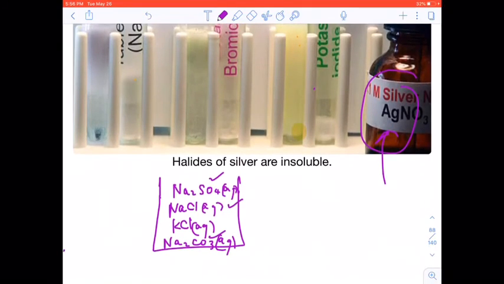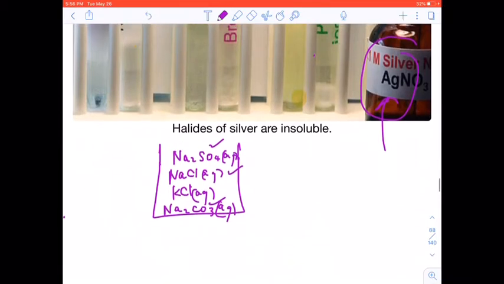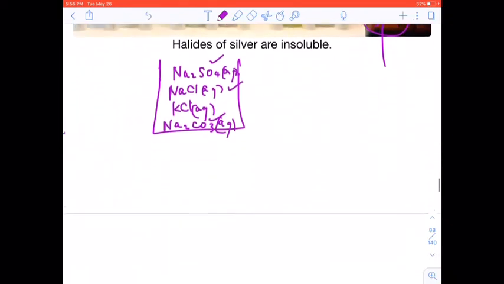The reason we use silver nitrate is because we know that if we add silver nitrate to these particular chlorides, we're going to get insoluble chlorides. We had examples of insoluble halides.